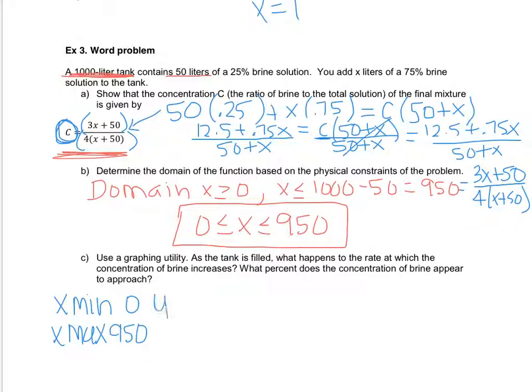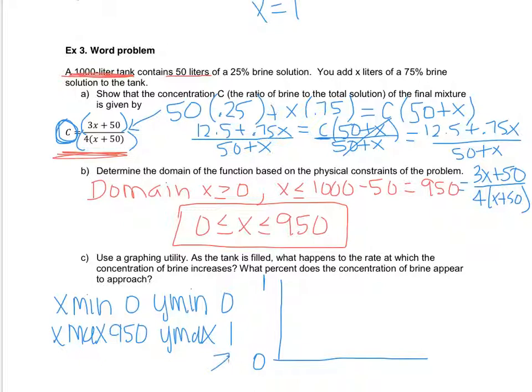Your y min is going to be 0, and your y max you'll want to make 1. When you do that, it's going to give you an xy axis like this. Here is 0 and here is 1. Now why do I want to use 1?